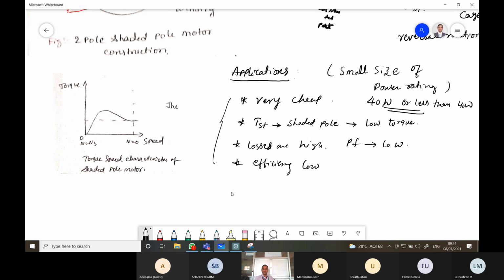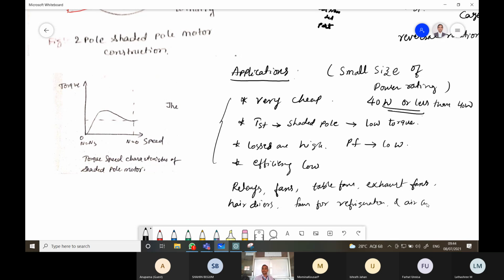They can be used in some relays, small fans, table fans, exhaust fans, hair dryers, daily utensils, fans for refrigeration and air conditioning equipment.